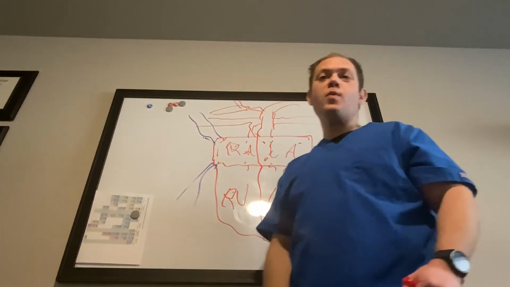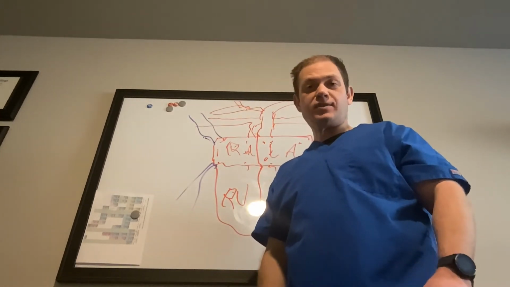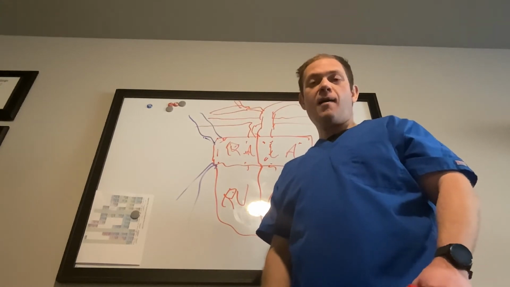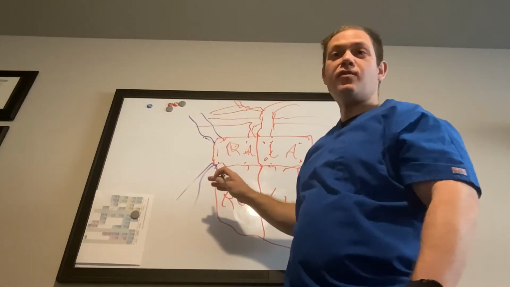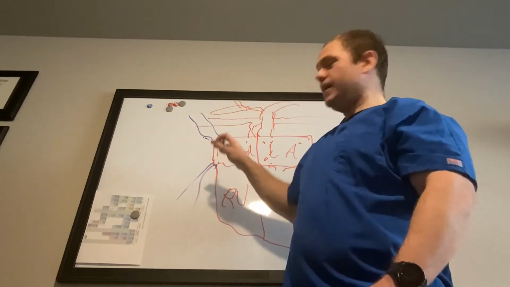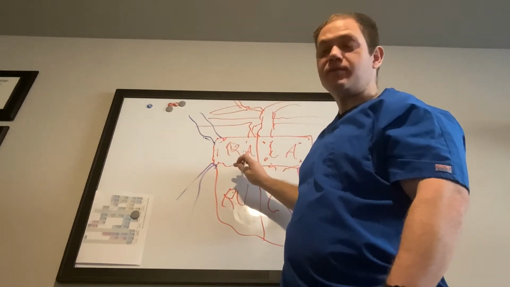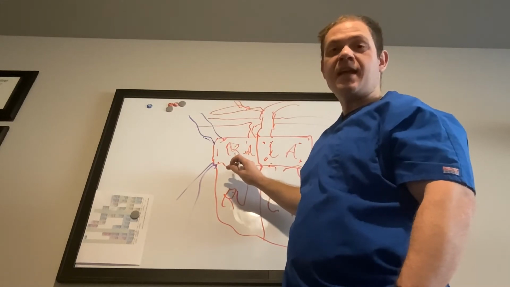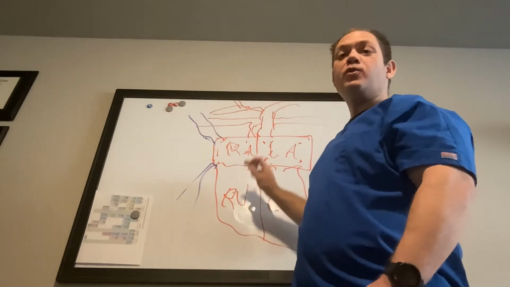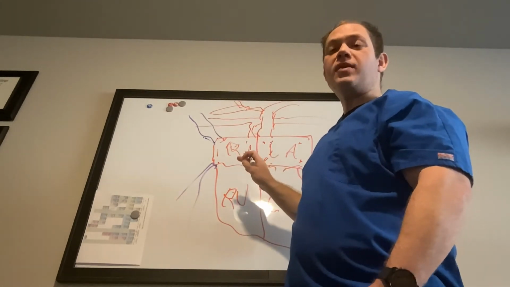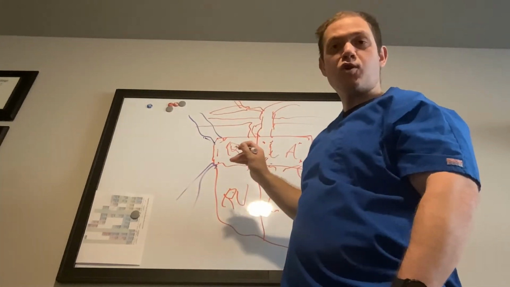So I drew it in purple for the oxygenated blood that's coming through the superior and inferior vena cava into the right atrium through the tricuspid valve on the right side into the right ventricle, and then out through the pulmonary semilunar valve to the pulmonary trunk.